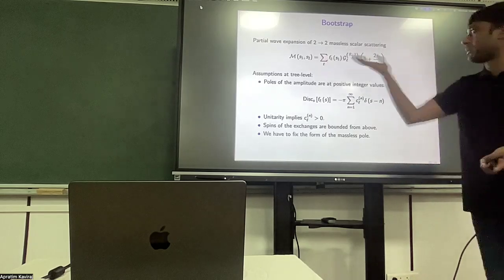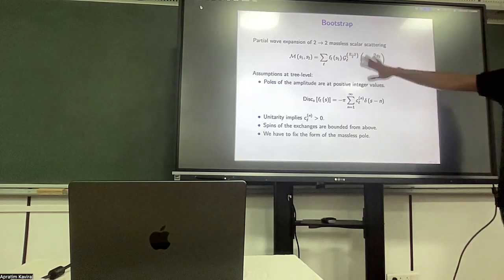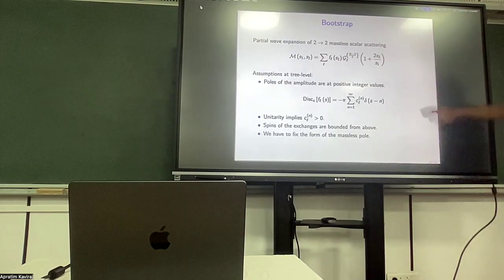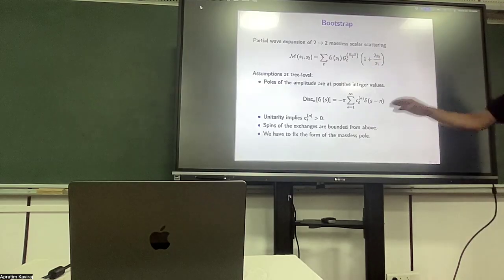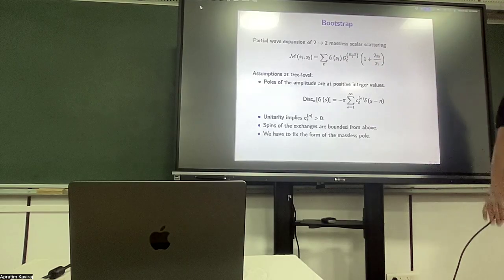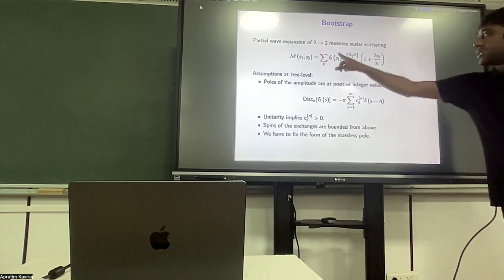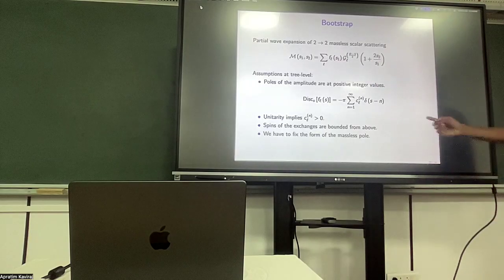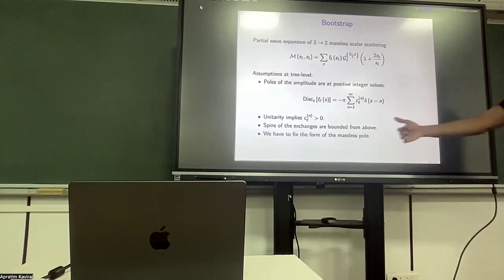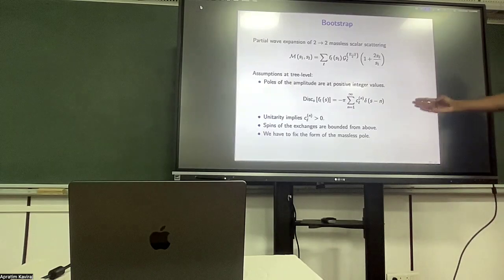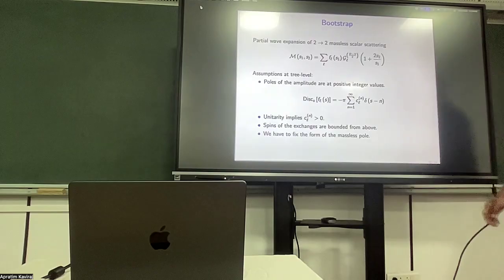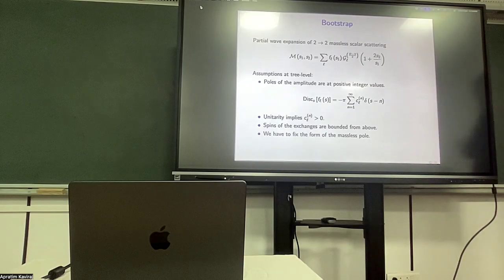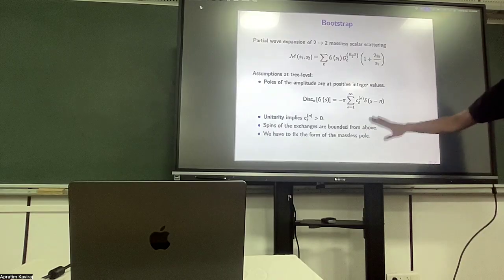First, this is a partial wave expansion in terms of the Gegenbauer polynomial in high dimension, and then we can find out the absorptive part, and we'll plug that in the dispersion relation. The CLNs are the absorptive part of the partial waves, and the usual constraints are there, like unitarity implies the CLNs to be positive. We also make some assumption about the spectrum, that is the exchanges, and the polynomial should be bounded from above.